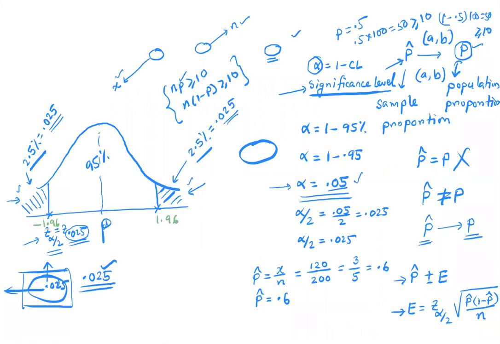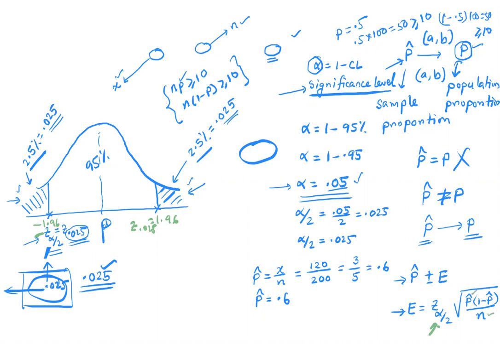So this is technically negative z sub alpha over 2, and this is positive z sub alpha over 2, or z sub 0.025 in this case, 1.96.